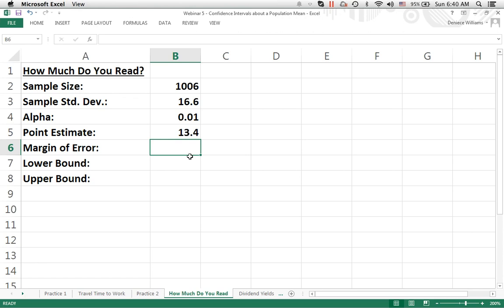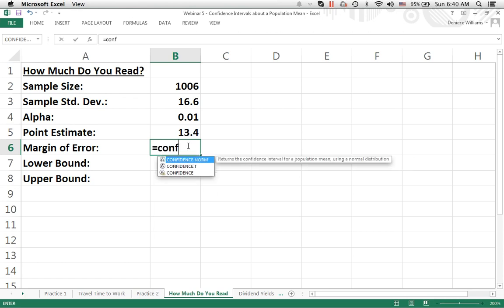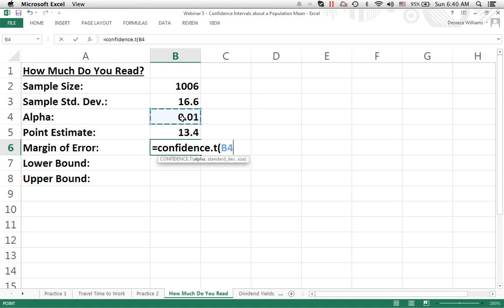Now this is all the information we're going to need to come up with our margin of error. So I'm going to type in the formula CONFIDENCE.T, open parentheses, my alpha 0.01, comma, standard deviation, comma, sample size, close parentheses. And this is my margin of error.